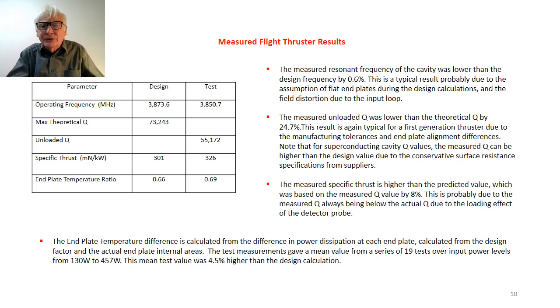Very happy about this, of course, but wondered why this should be the case, as we expected to get a similar reduction in measured Q to theoretical Q. And we talked to the suppliers of the thin film superconducting material and found that, in true German engineering tradition, they had been very conservative with their specified values of surface resistance.